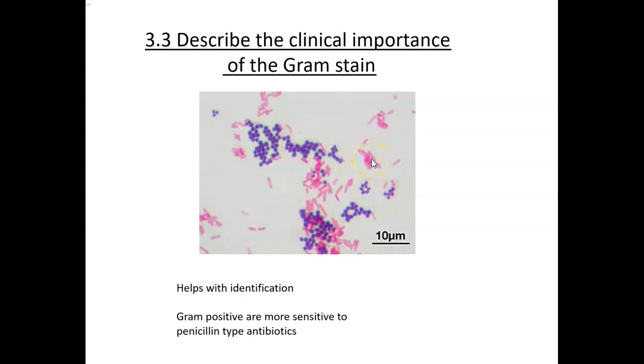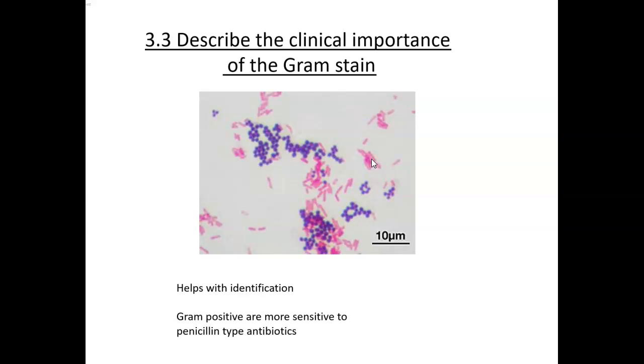Okay, so if I put my P's together, I can say gram-positive has a thick peptidoglycan, stains purple with the gram stain, and is penicillin sensitive. Okay, gram-positives have a thick peptidoglycan, penicillin sensitive, stains purple in a gram stain.